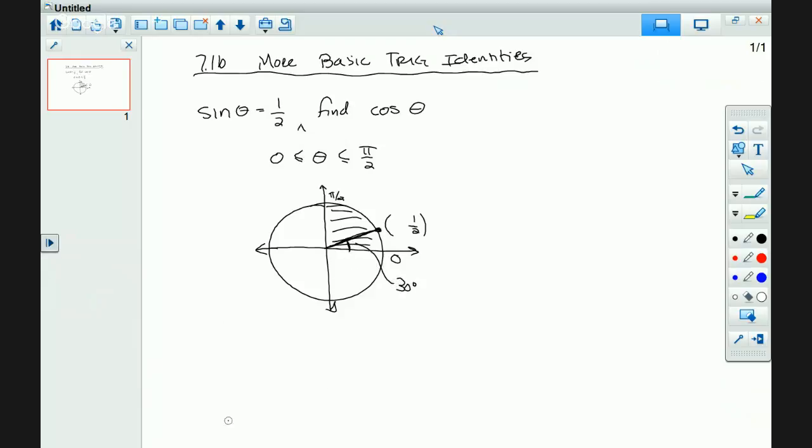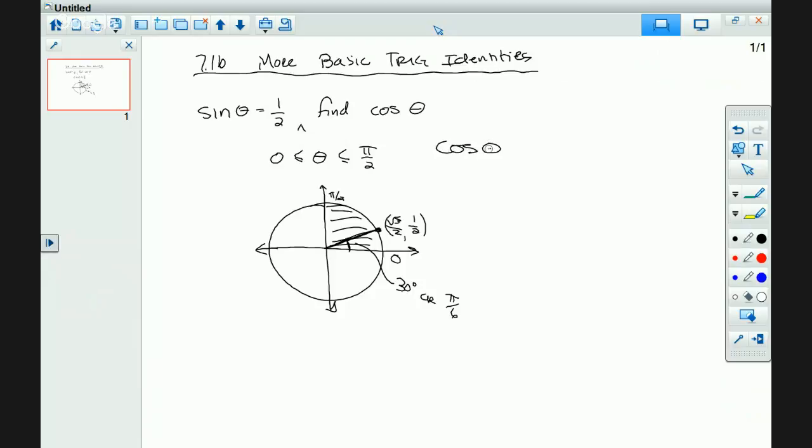And the cosine value there, what goes with 1/2 on the unit circle? Yes, okay. Again, you're going to get a quiz on this next week. You got to have this in your brain. Okay, so our cosine value would be √3 over 2, right?